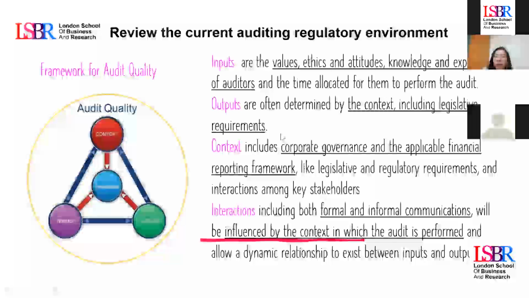So probably outputs are all these external factors that could impact the audit. Maybe we have a very strong or a very intelligent framework, and this framework or this regulation will contribute to having audit quality. Context is the other element to have audit quality, and it includes corporate governance and the applicable financial reporting framework.